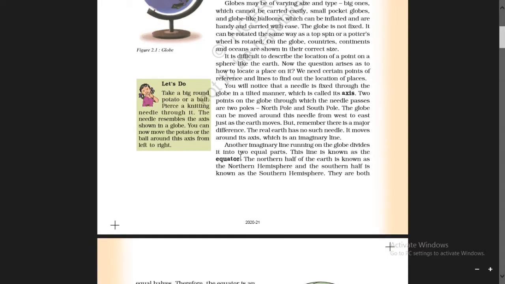Equator divides the Earth into two hemispheres, boys. Upper one is called the northern hemisphere and the lower part is known as the southern hemisphere. The northern half of the Earth is known as the northern hemisphere and the southern half is known as the southern hemisphere.